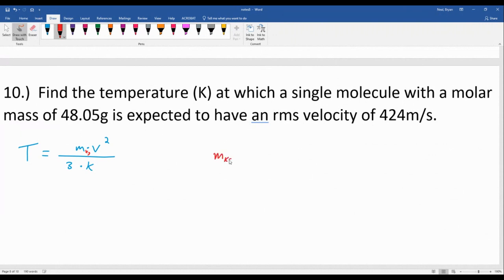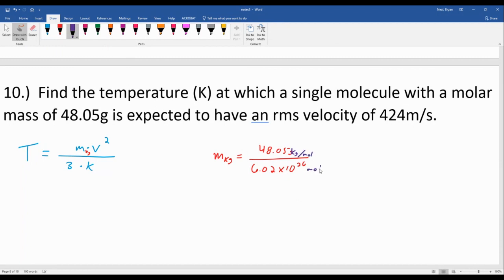So to find the mass in kilograms, take our molar mass, 48.05 grams, divide by that modified Avogadro's number, so 6.02 times 10 to the 26. And remember, that's going to make this into kilograms, right? So the kilograms per mole.